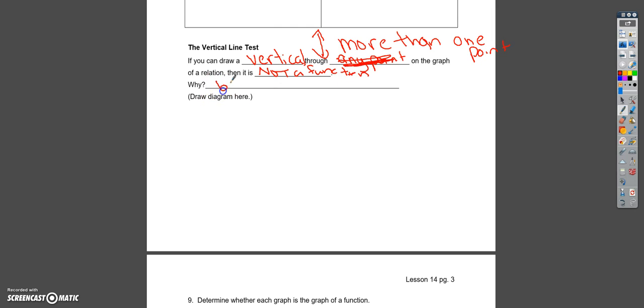Why? Because it would repeat the x value.